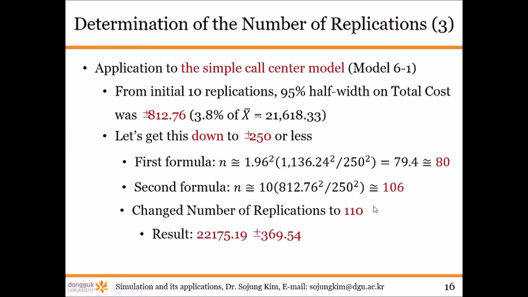That's why you may want to make more replications to meet the target half width. Anyway, in this case we successfully reduced the half width from 812 to about 370, but if we make more replications, there will definitely be a chance to meet the target half width.